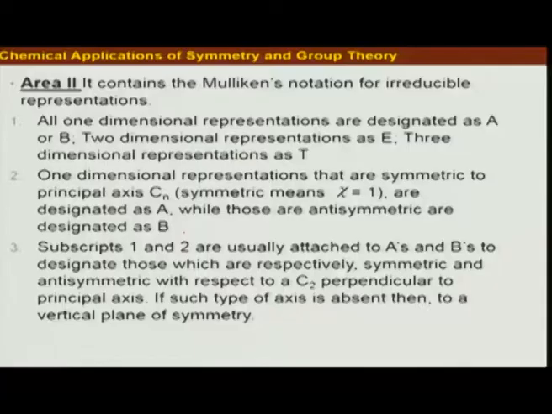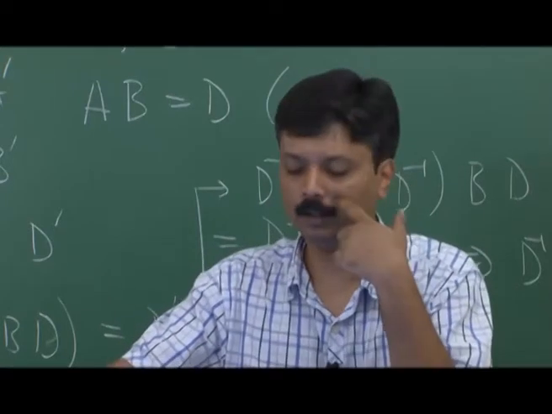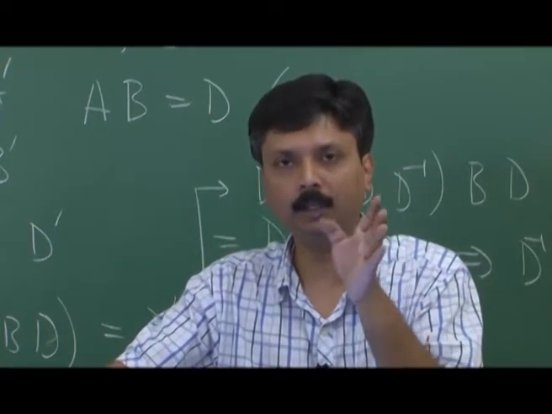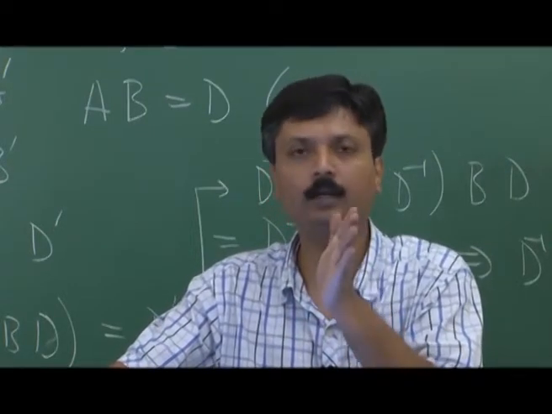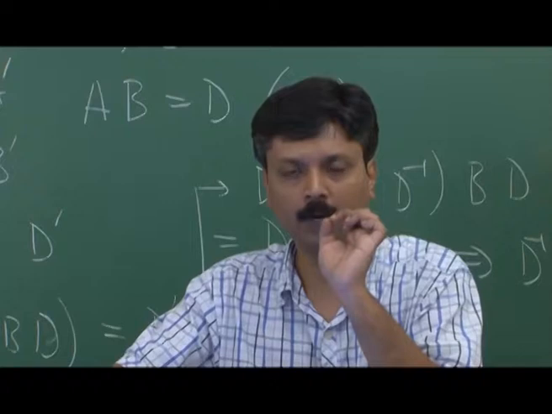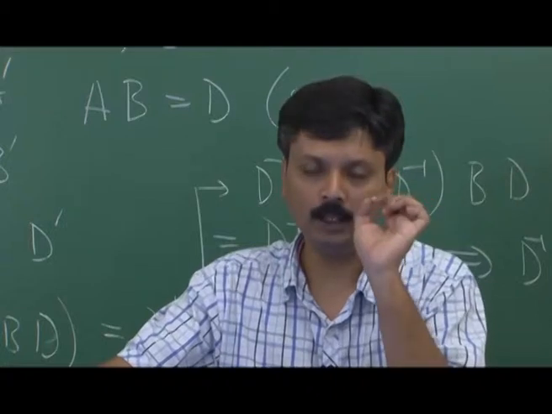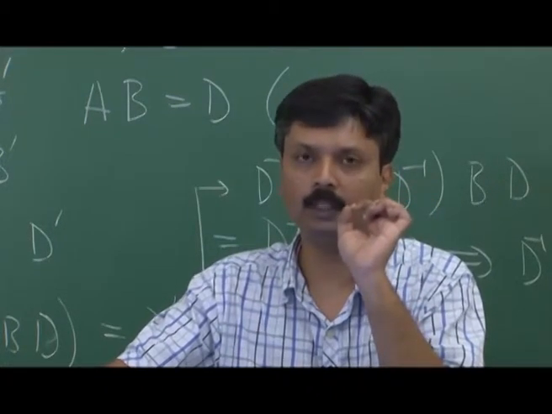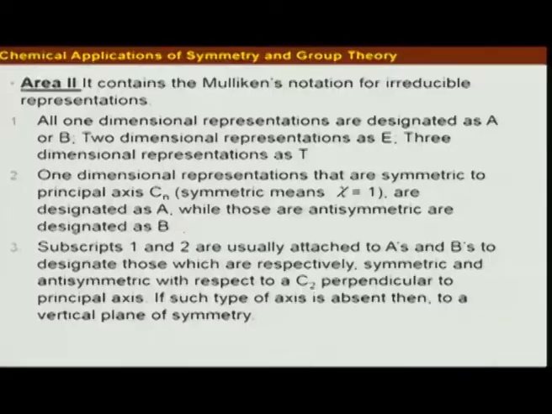So, once we have designated whether it will be A or B, then we have to look at the behavior of the characters with respect to the perpendicular C2s. If it is symmetric with respect to the perpendicular C2, meaning the character is plus 1 corresponding to C2 prime, then it is A1 or B1. Otherwise, if the character is minus 1 with respect to C2 prime, then it is A2 or B2.